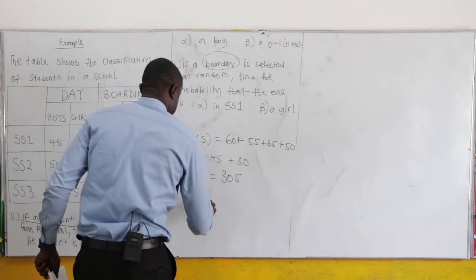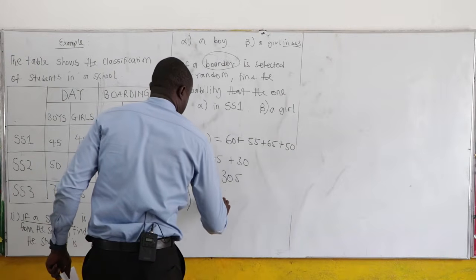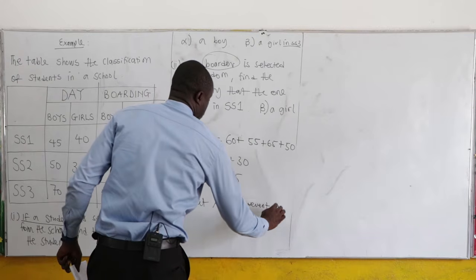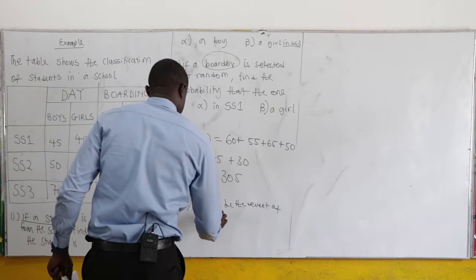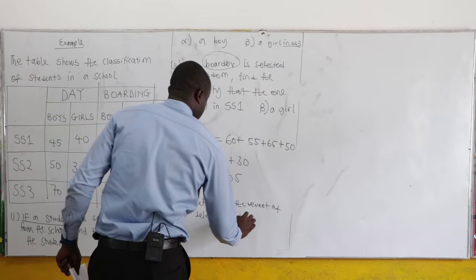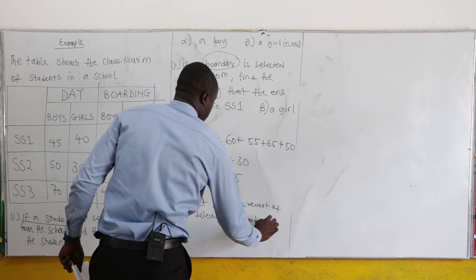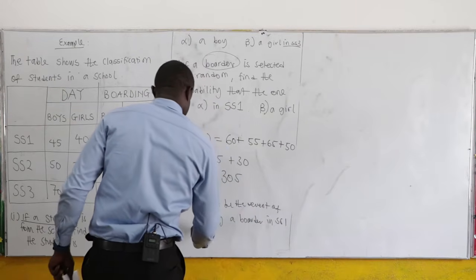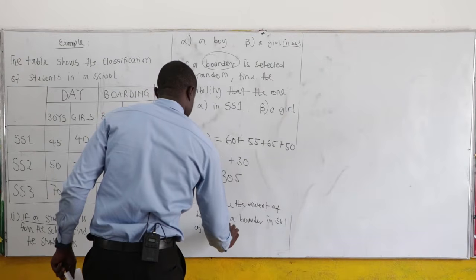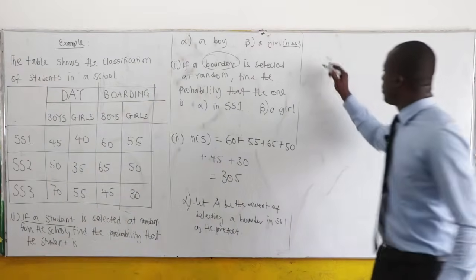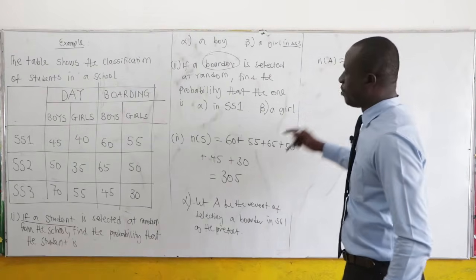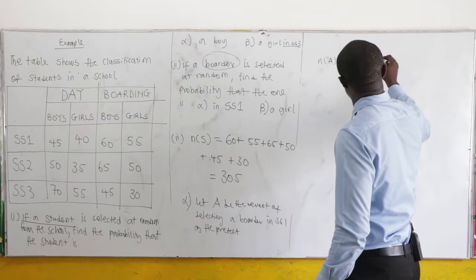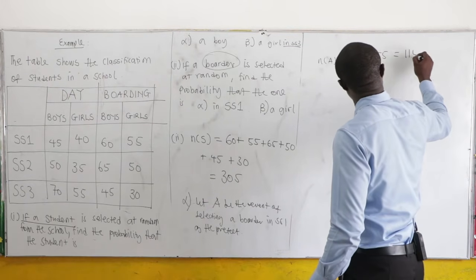So you can say that let A be the event of selecting a boarder in SS1 as the prefect. So our number of A will be 60 plus 55, and this is 115.